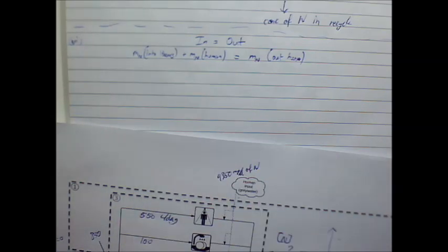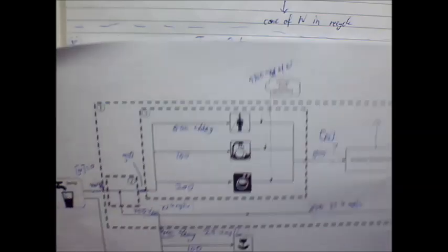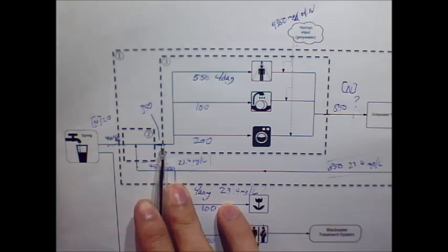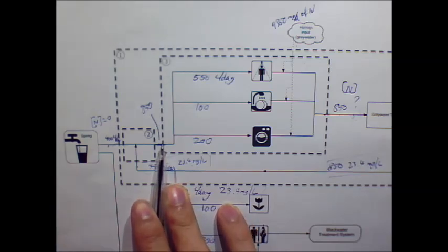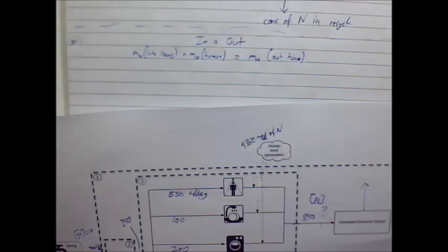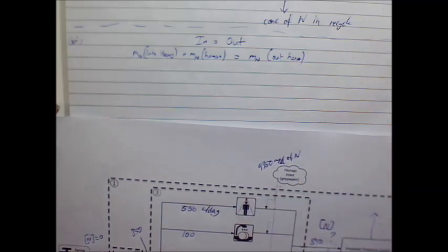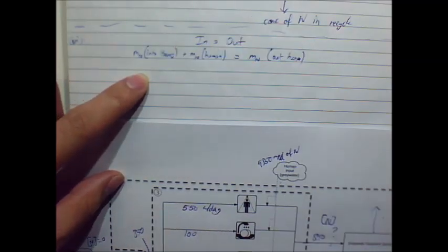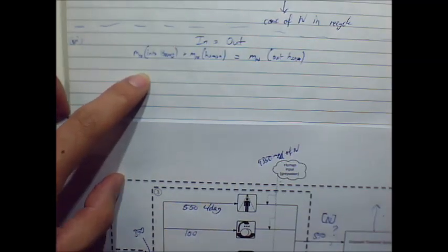Mass of nitrogen coming into the house, we worked that out before. That was this stream here. And that stream we know has a total of, where are we? Nitrogen should be, let me find that one again.